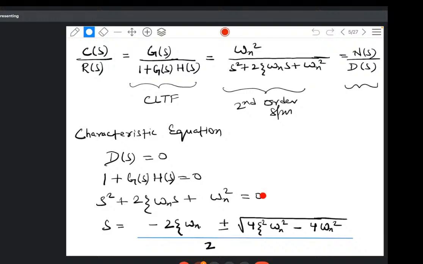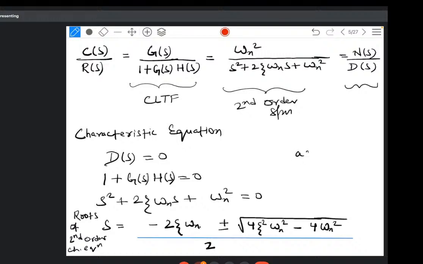If I want to find the roots of the second order characteristic equation, they will come like this: minus b plus minus under root b square minus 4ac by 2a.